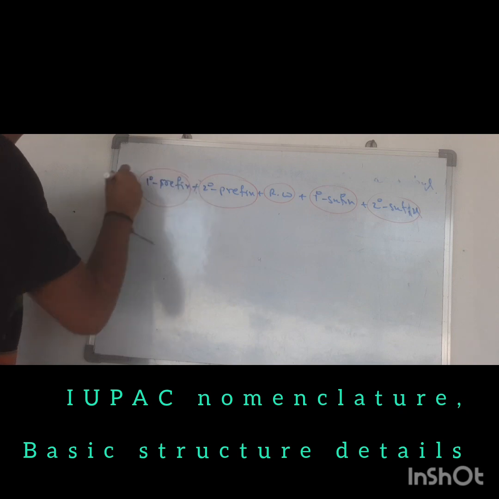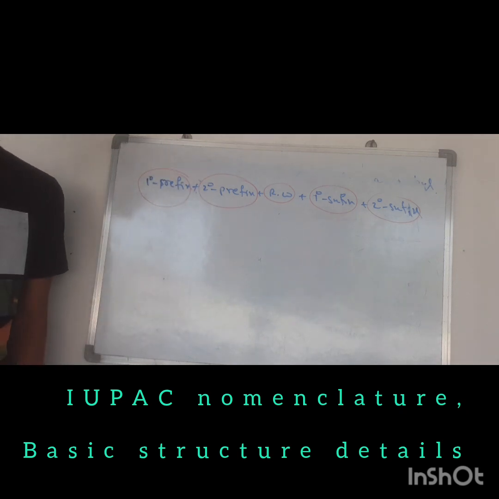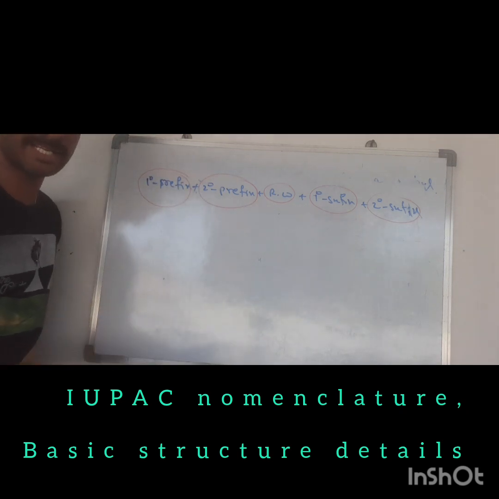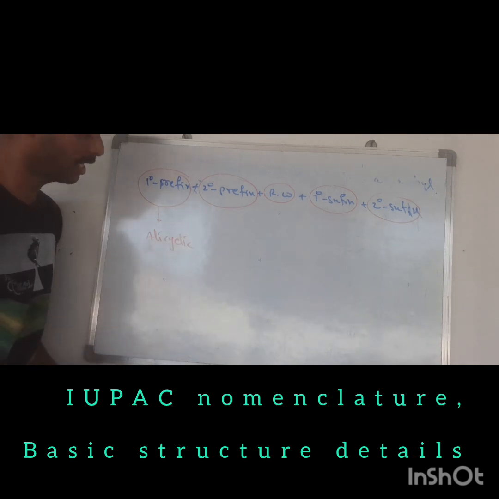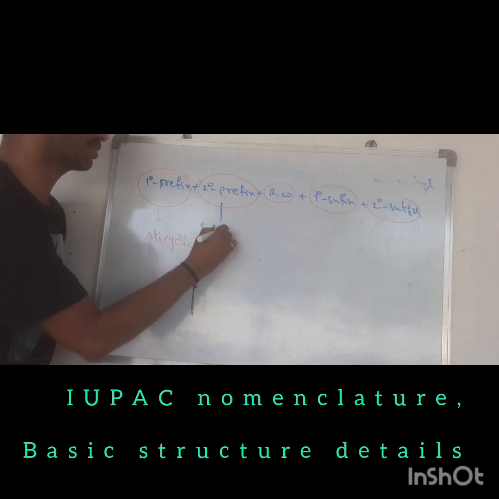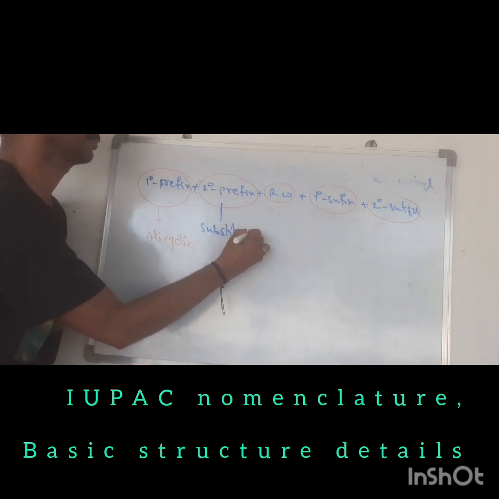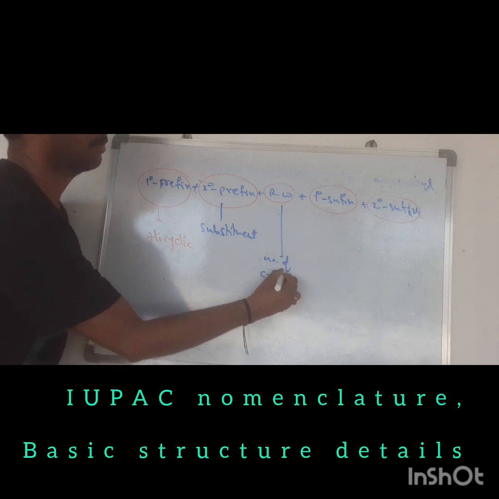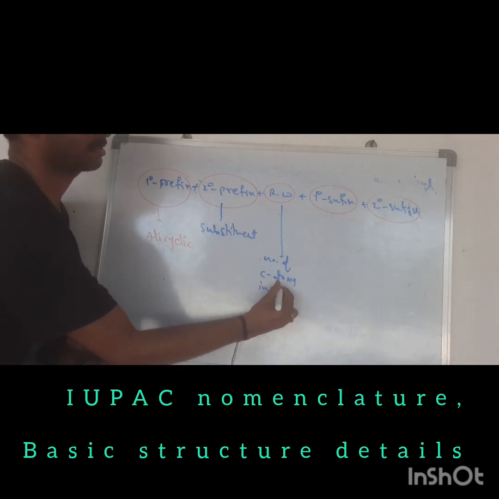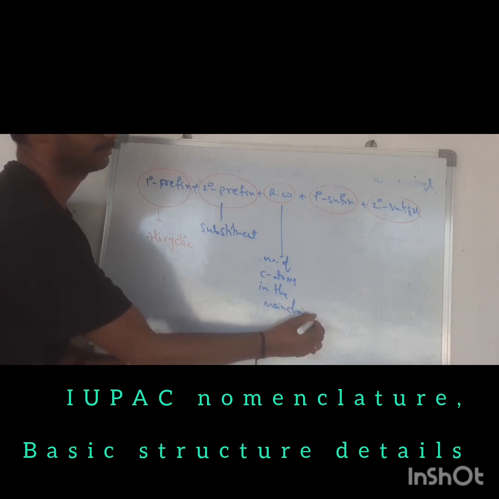Primary prefix tells about the nature of the compound, whether cyclic or non-cyclic. This is only for alicyclic compounds, not for open chain compounds. Secondary prefix is for substituents. Root word is for the number of carbon atoms in the main chain.